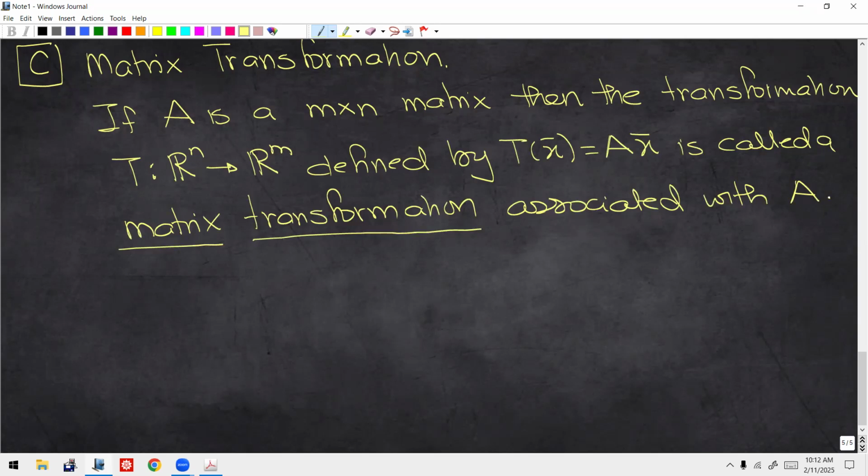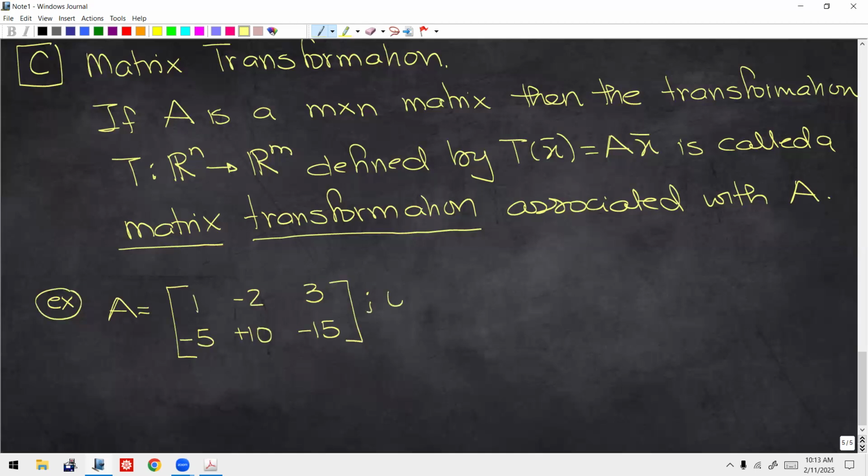All right, so let's take a look at an example of a matrix transformation. We'll take a look at a couple of examples, but let's start with this one first. Let's say that they've given us this A, which is 1, minus 2, 3, minus 5, 10, minus 15.